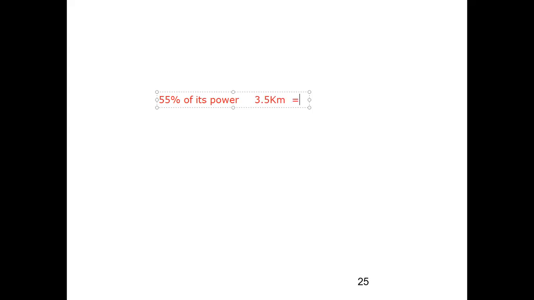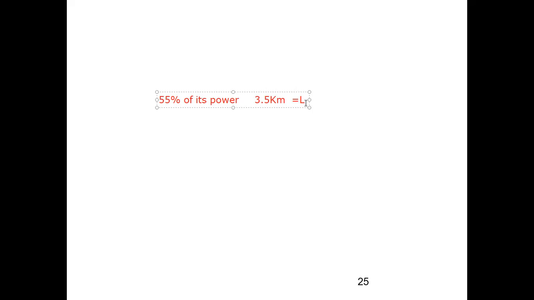So you can consider that this is length L. Again, I am repeating: an optical signal has lost 55% of its power after traveling 3.5 kilometers of fiber length.